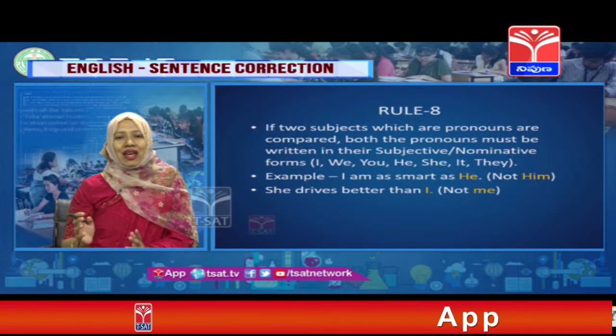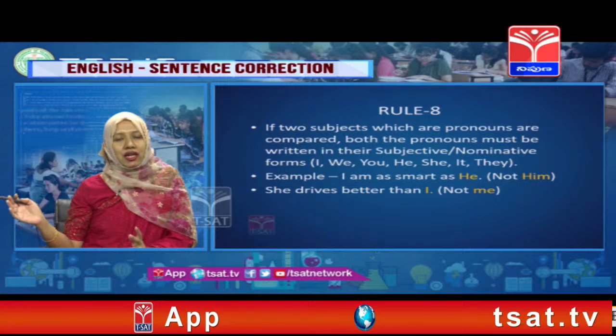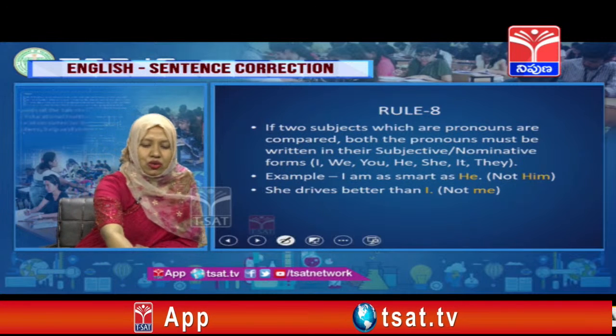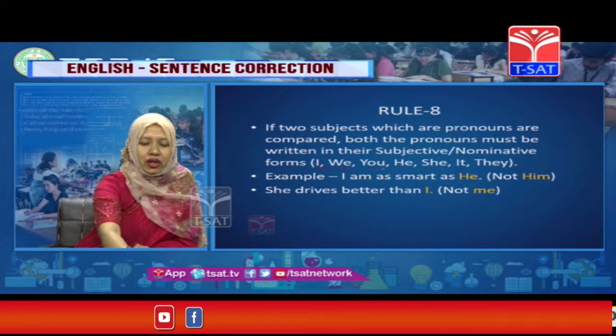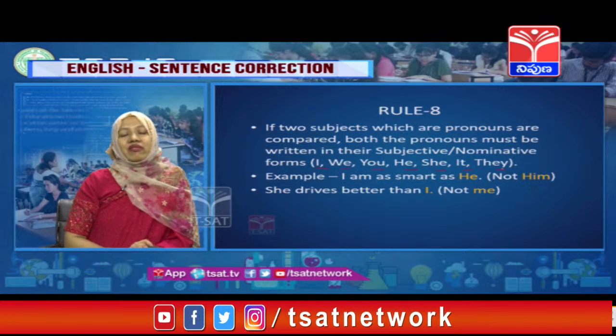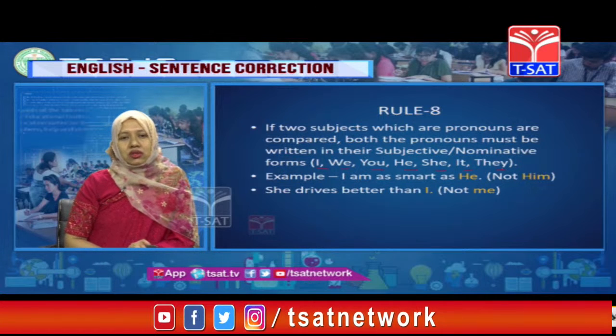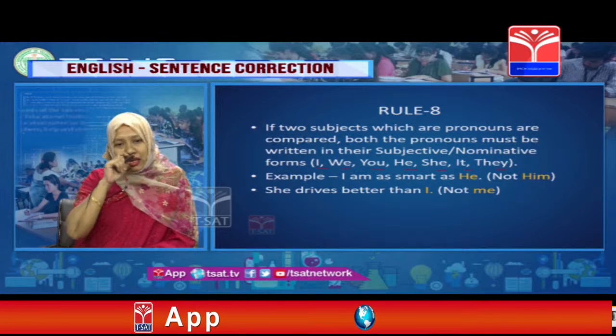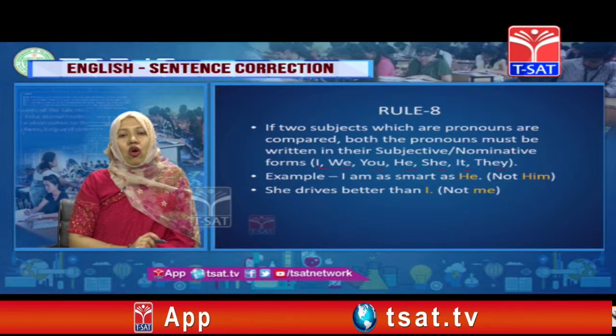I, we, you, he, she, it, they are all pronouns which are used as subjects. We use them to start a sentence. When we start a sentence with these pronouns, always remember we should use another pronoun form for the object.